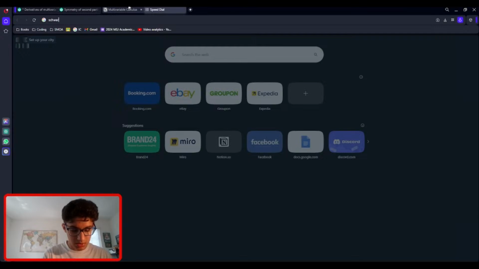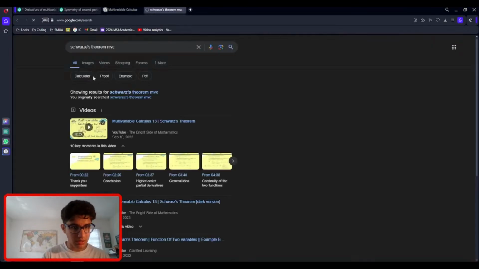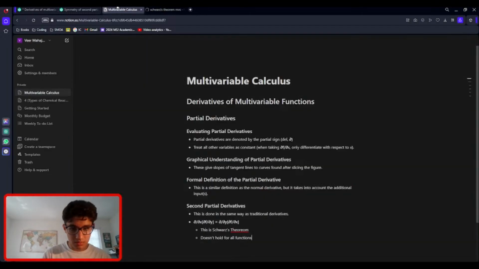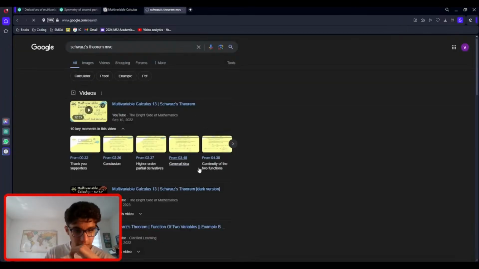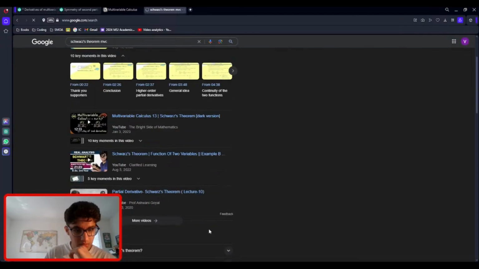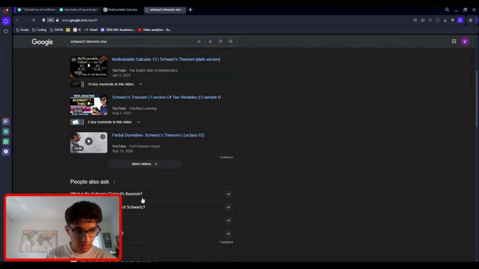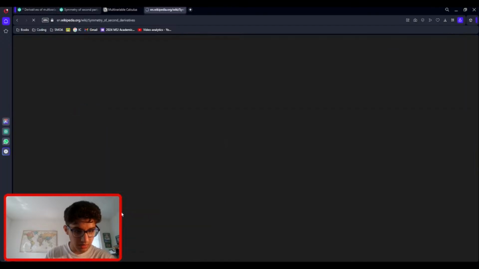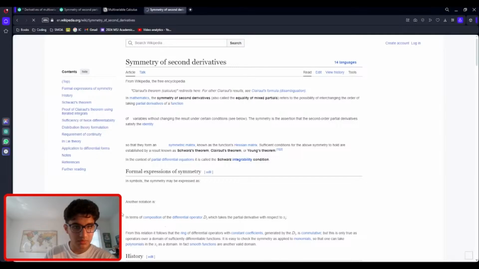So, Schwarz's theorem, multivariable calculus. Oh, there's no E. Okay. I misspelled theorem as well. Let's look. So, okay, when does this happen? What is symmetry of the second derivatives? Let's quickly read it. If we don't understand it, obviously leave it. But in case we understand anything, that's good.